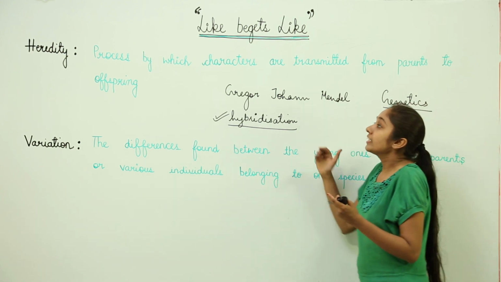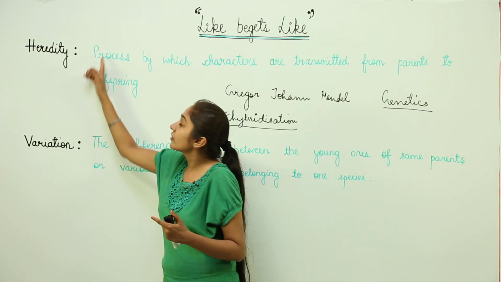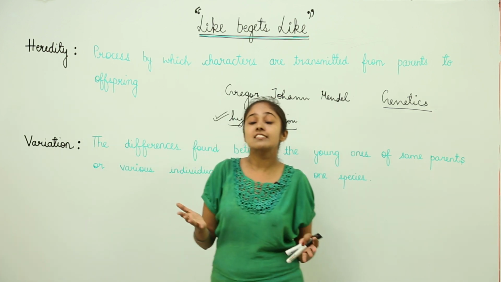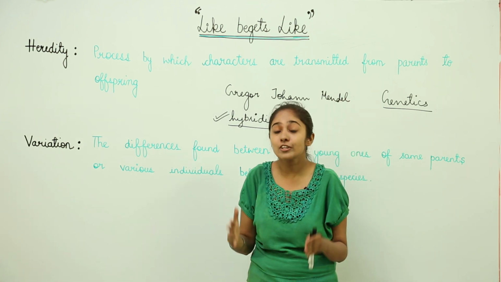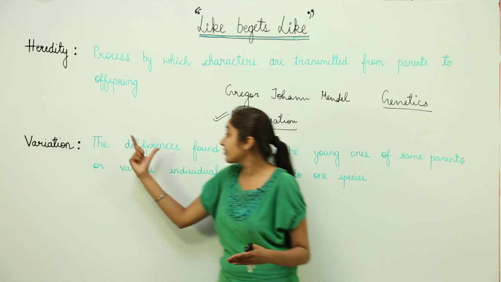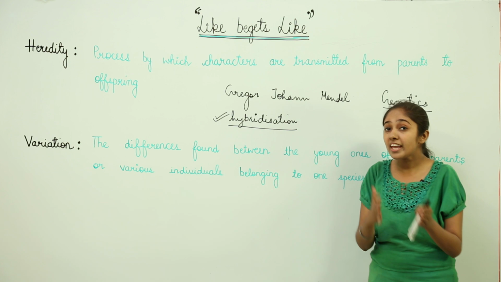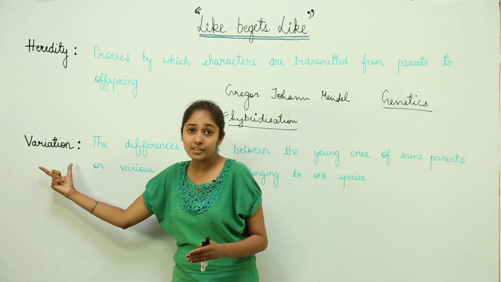So like begets like, this is explained by the term heredity. And since there are differences, there are changes, that is why we are unique. We are unique in every sense. That is because of the variation, the differences between all of us, which make us unique and identifiable in this whole world.